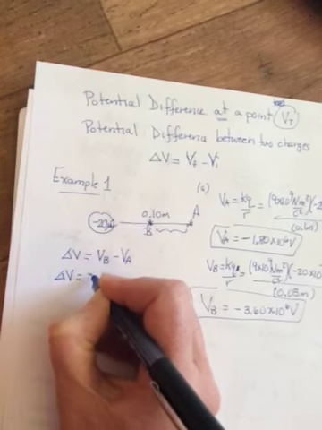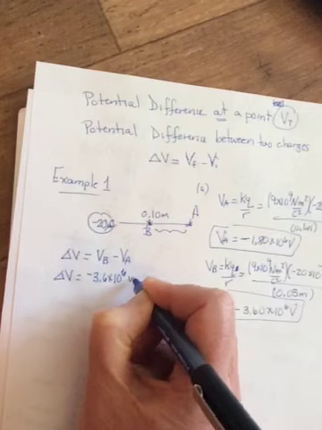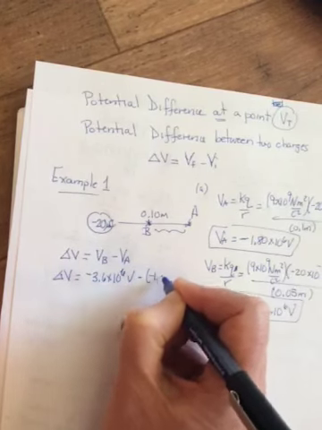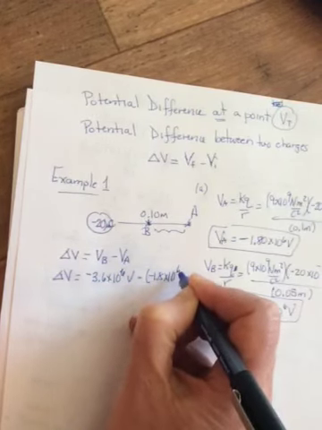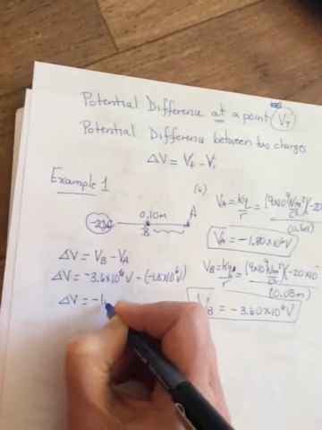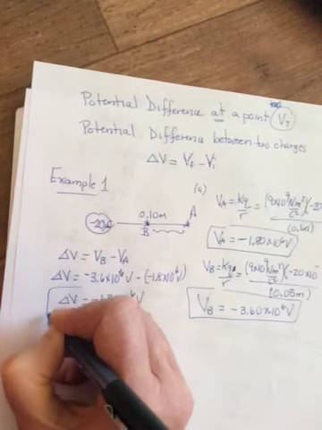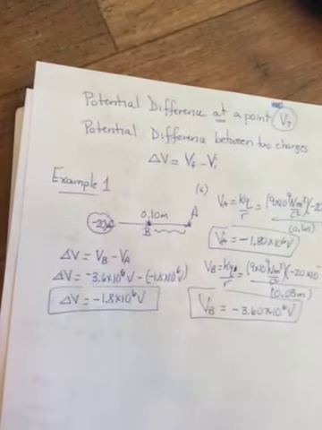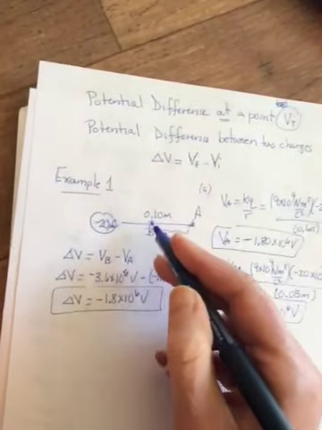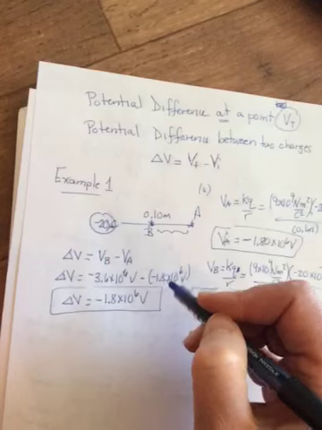So delta V would be negative 3.6 times 10 to the 6 volts minus a negative 1.8 times 10 to the 6 volts. Delta V is equal to negative 1.8 times 10 to the 6 volts. Again, negative meaning that a positive test charge would want to move from A to B.